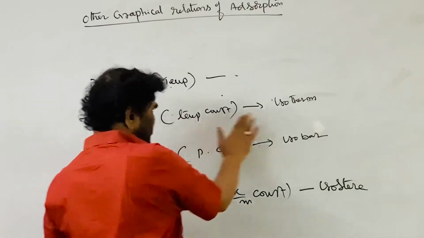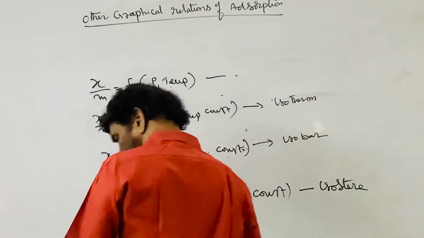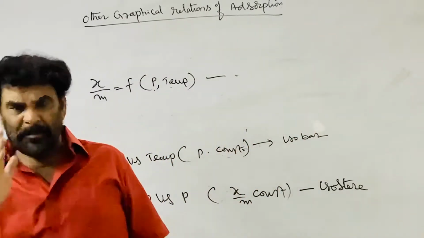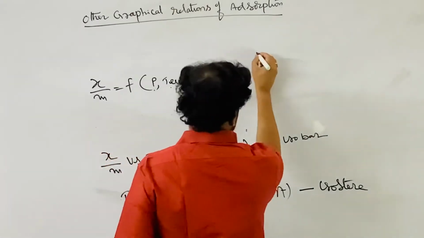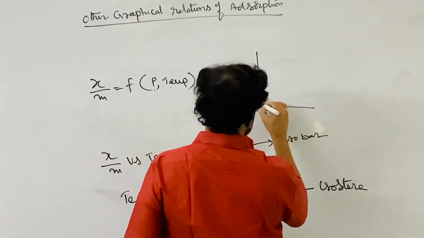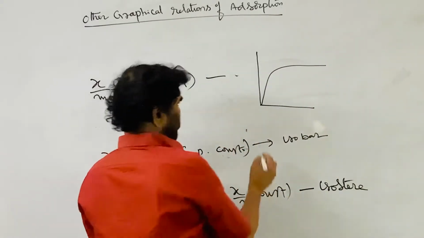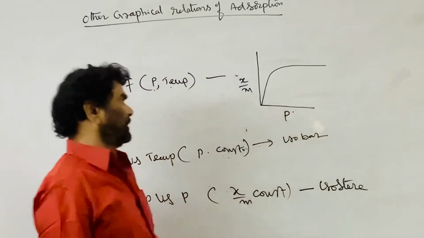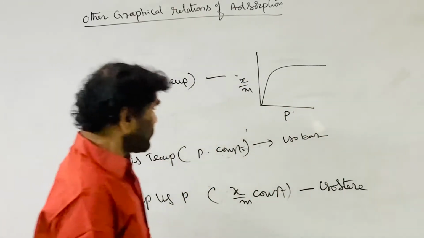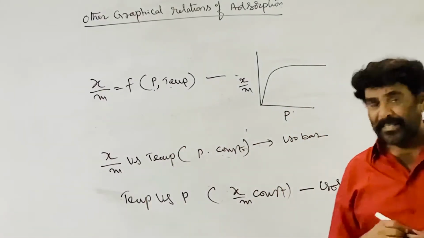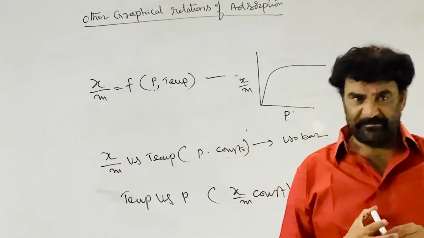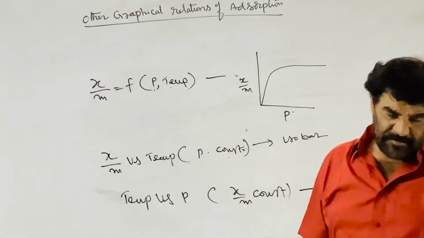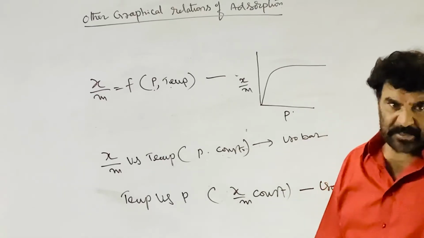Even in the case of the adsorption isotherm, there is a leftover part. At a given temperature we have seen the Freundlich graph. This is the adsorption isotherm, x by m versus pressure at a particular temperature. Suppose the same experiment is carried out at different temperatures, the adsorption of nitrogen on activated charcoal.